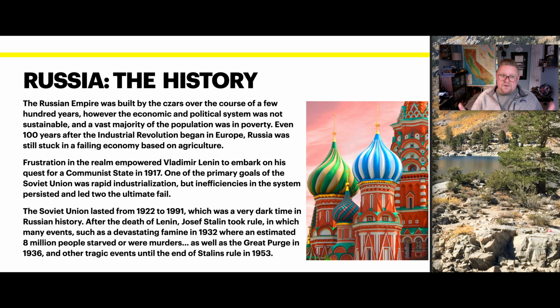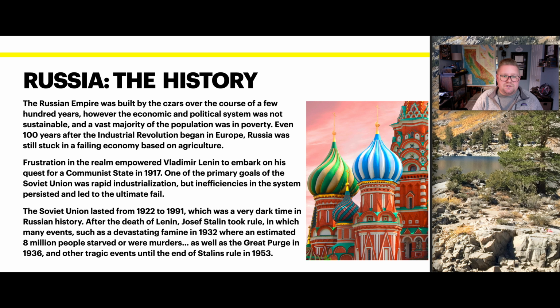The frustration in the realm empowered Vladimir Lenin to embark on his quest of the communist state in 1917. One of the primary goals in this quest was the idea of rapid industrialization, but the inefficiencies in that system persisted, which led to the ultimate fail. That being said, the Soviet Union lasted from 1922 to 1991, which was a very dark time in Russian history.